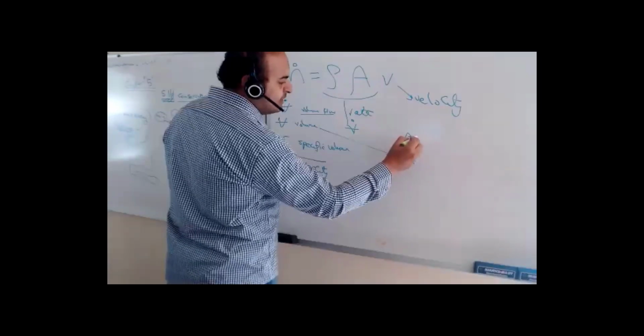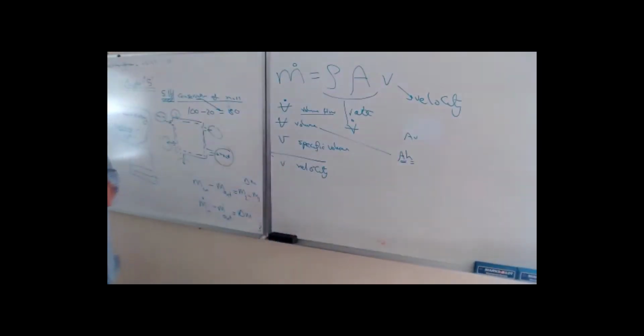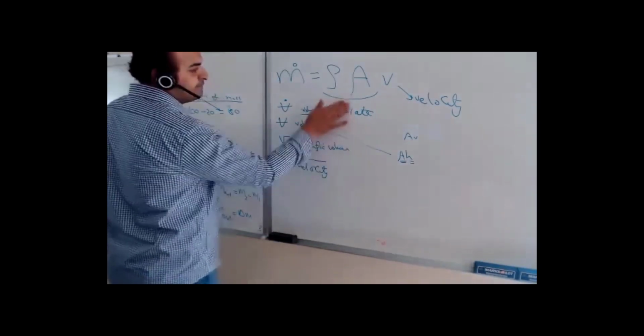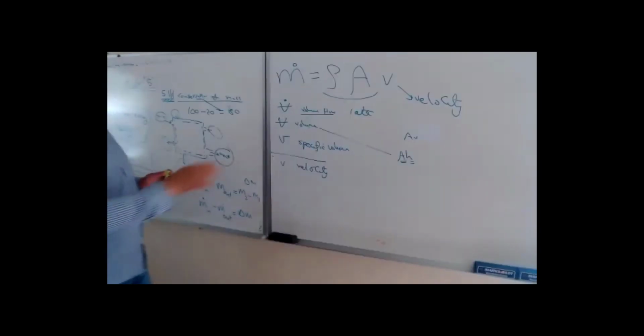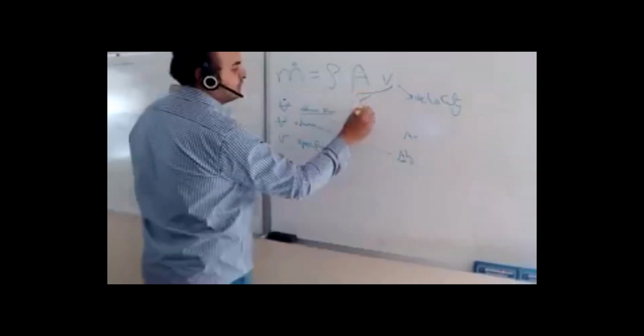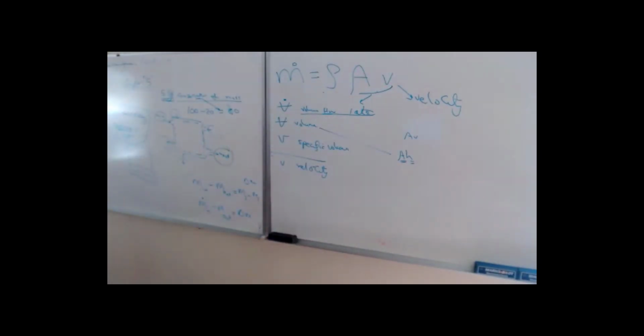It's area times velocity, volume per unit time. Actually, AV is volume flow rate. V is velocity, A is cross-section area, rho is density.